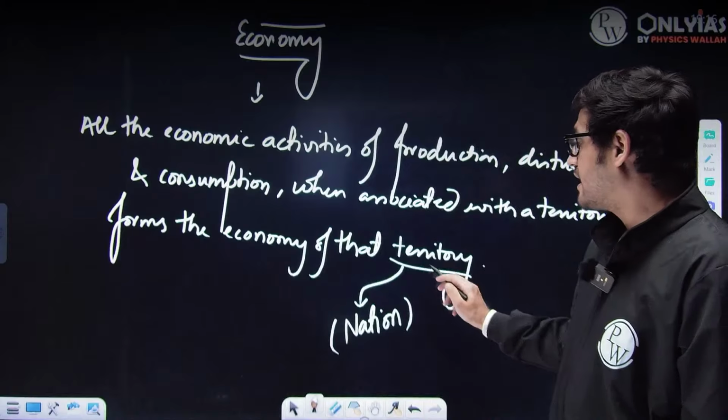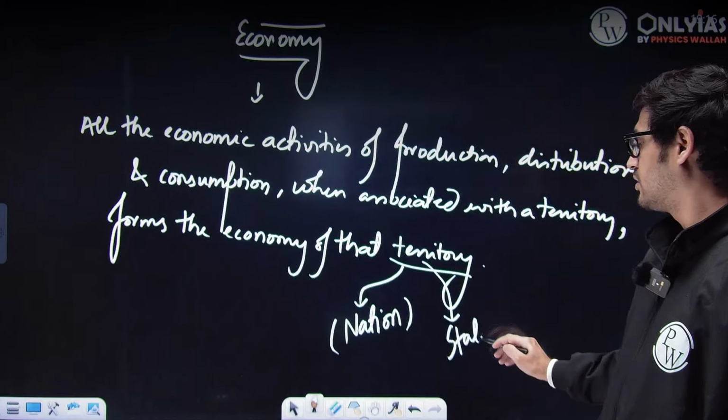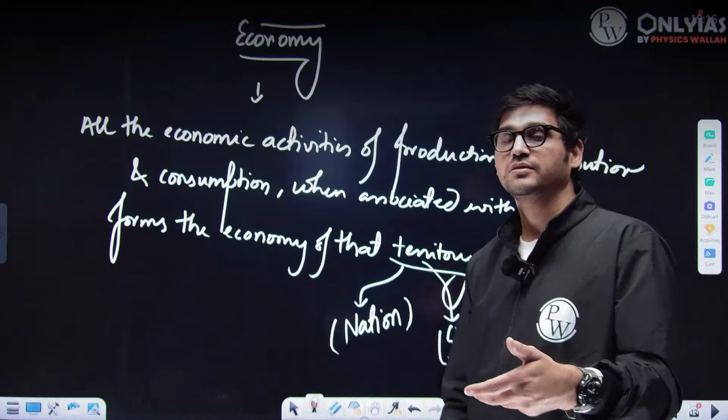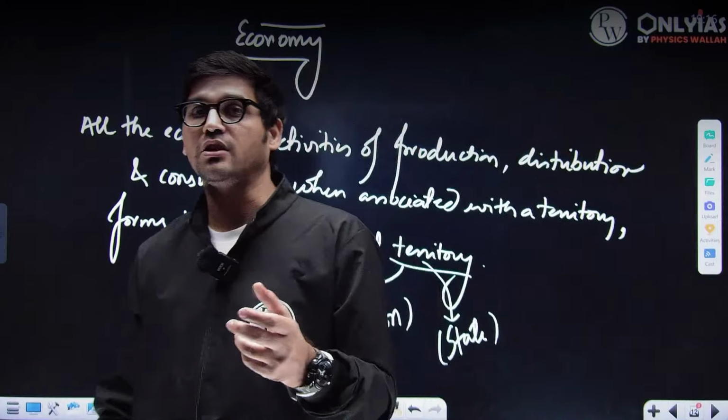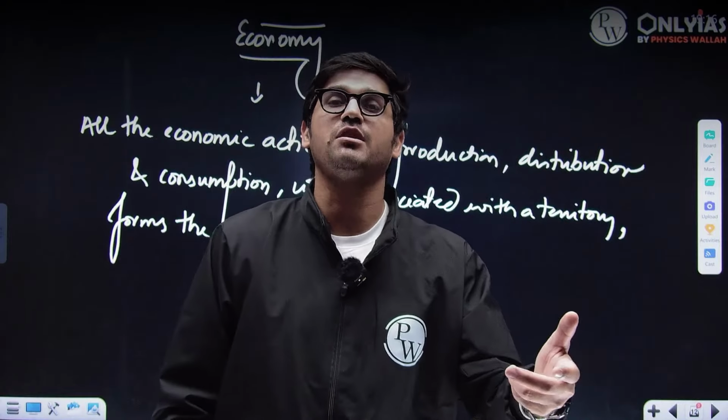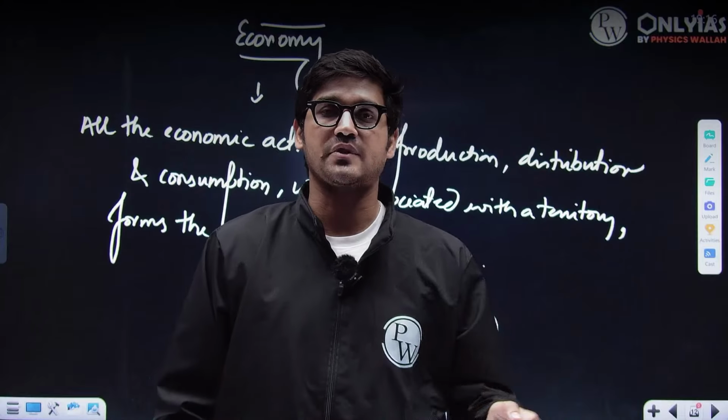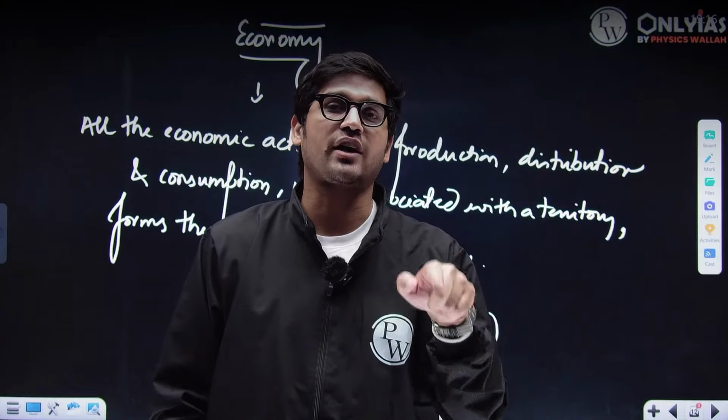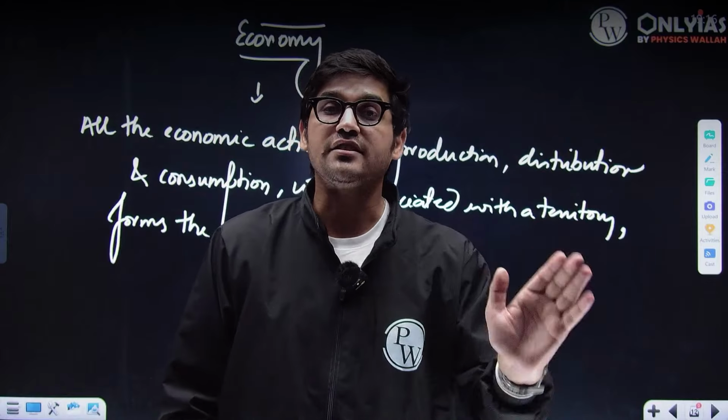If this territory is a state, for example, Rajasthan, all the production, all the consumption, all the distribution of goods and services happening within the territory of Rajasthan will comprise Rajasthan's economy.